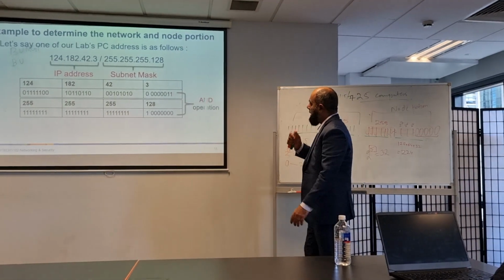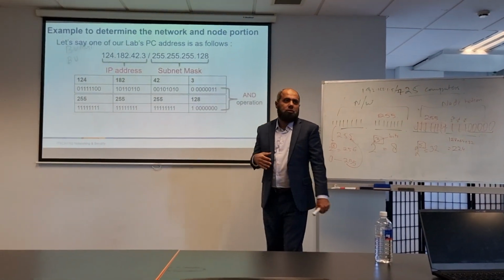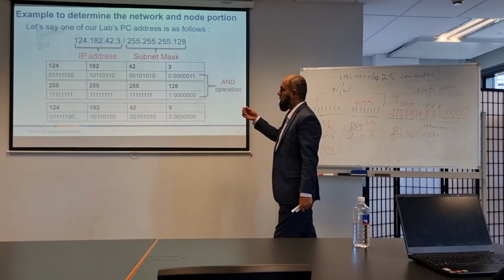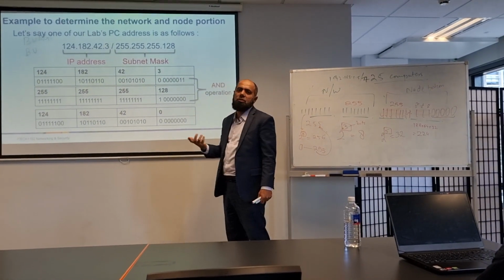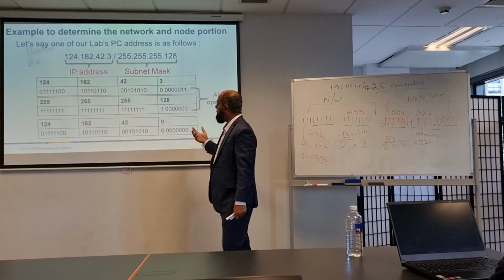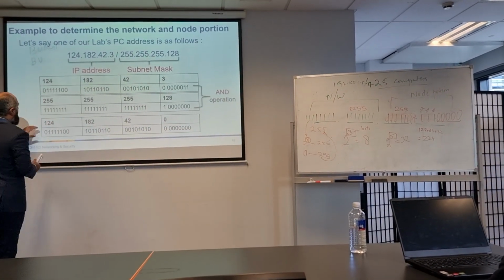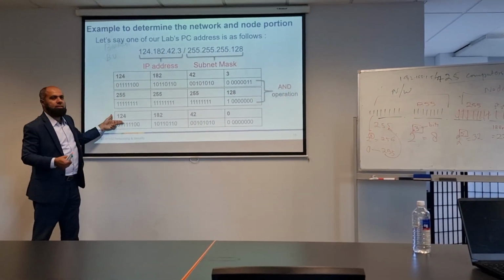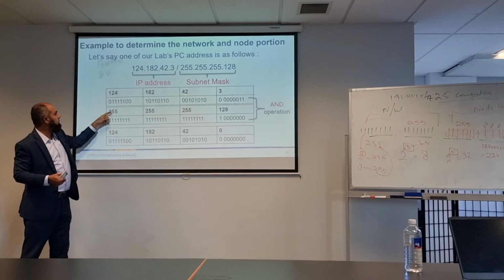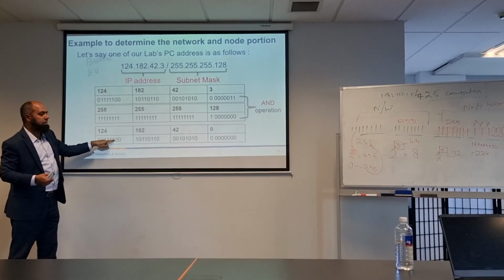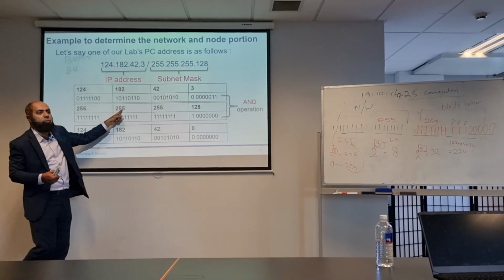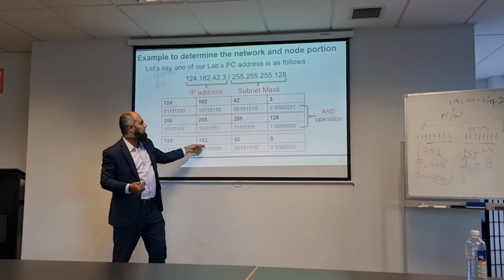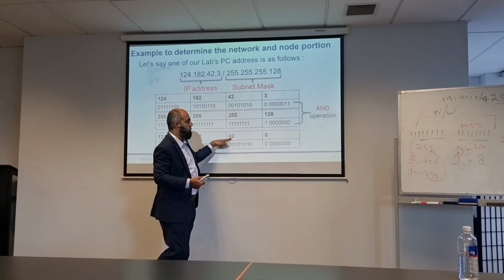Okay, move forward. Now do the AND operation. You know how to do AND? When you do AND, when it's 1 and 1, that's 1. Otherwise it's 0. So what did we find? Because these are all 1s, they reflect as they are. The AND operation keeps 124 as it is, due to 255, because they are all ones. 182 stays 182, 255 as well, 42.